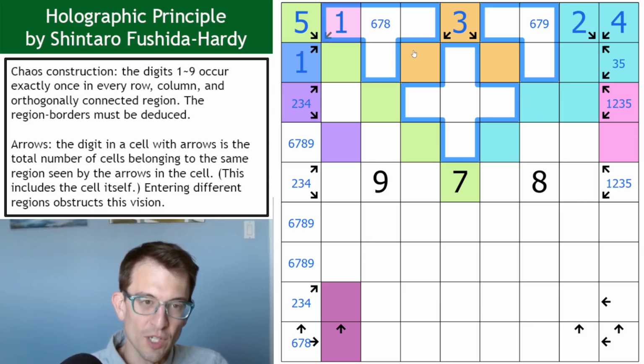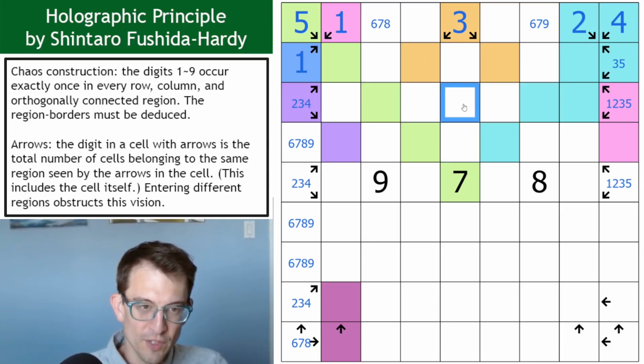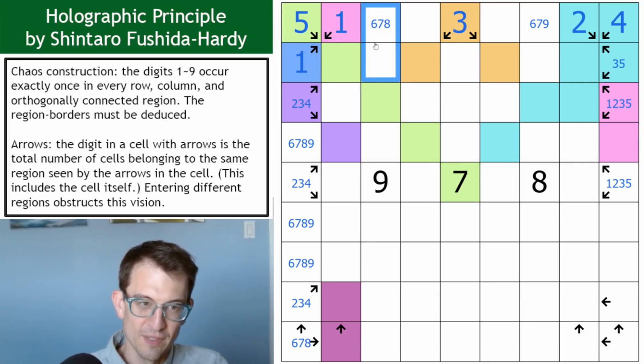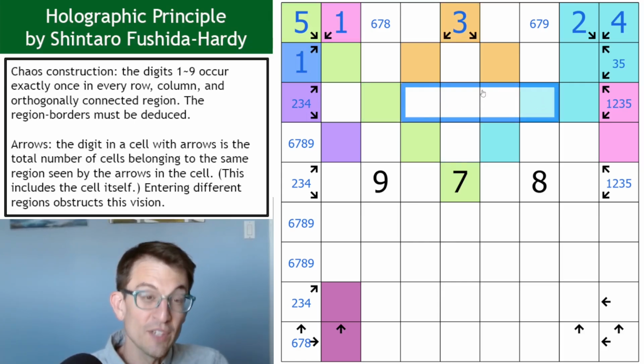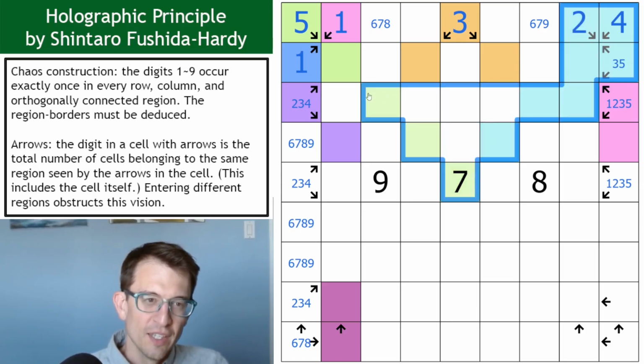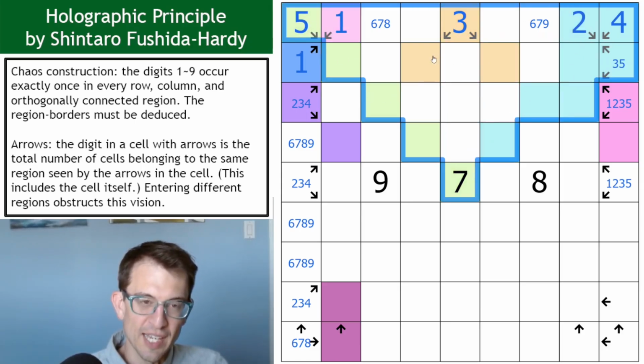I can't fit a new color in here, because if I fit a new color in here, it could fill up the white space adjacent to it, or this pink space. But then it would be stuck. It couldn't go anywhere else. It would have to absorb one of these new colors.